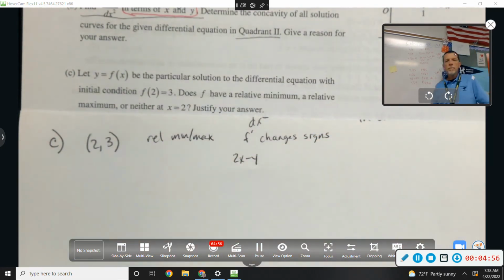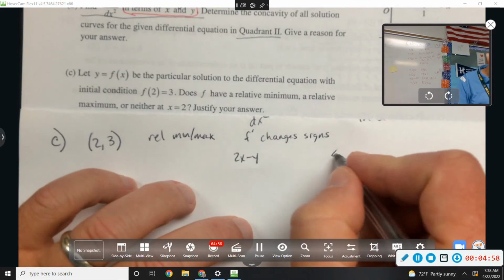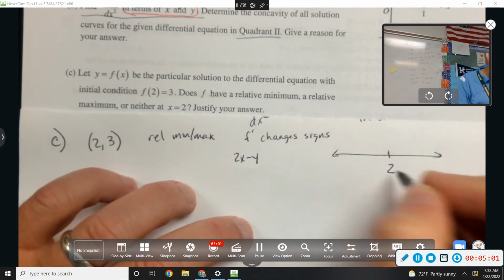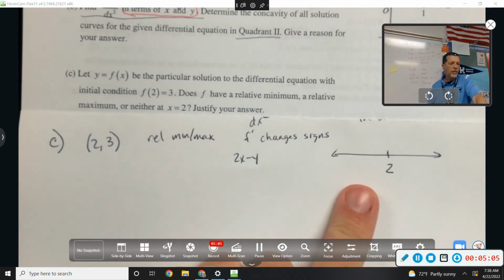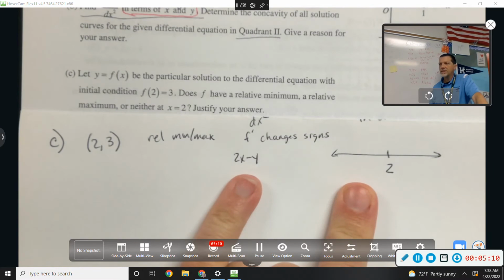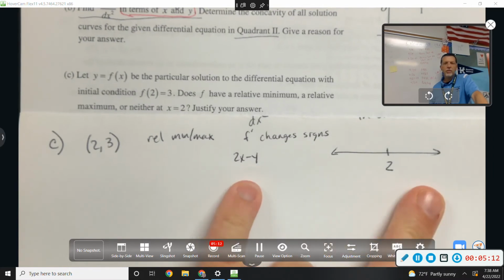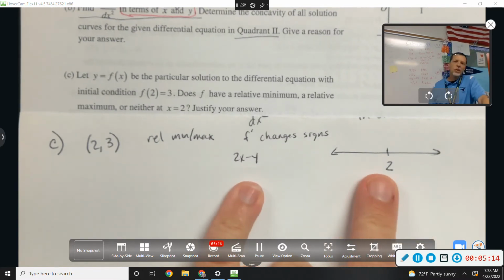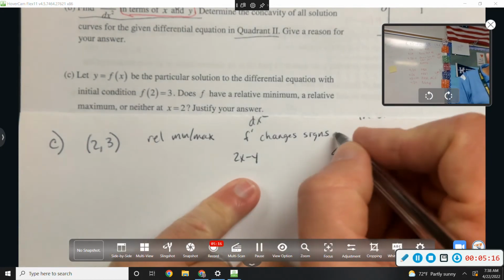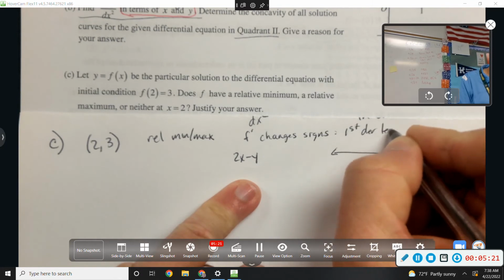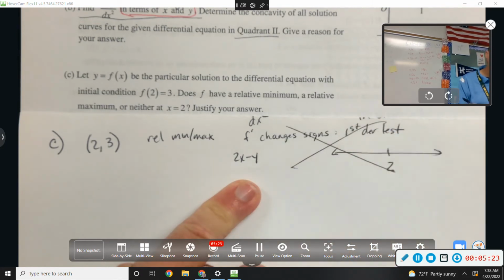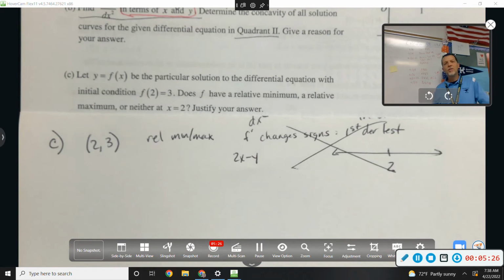If I'm thinking about a number line, I know x equals 2 and y equals 3, but if I plug in x equals 1, I don't know what y is. If I plug in x equals 3, I don't know what y is. So you're right, that's the first derivative test, and it's not helpful for this problem. It's a good thought, but it doesn't work here.